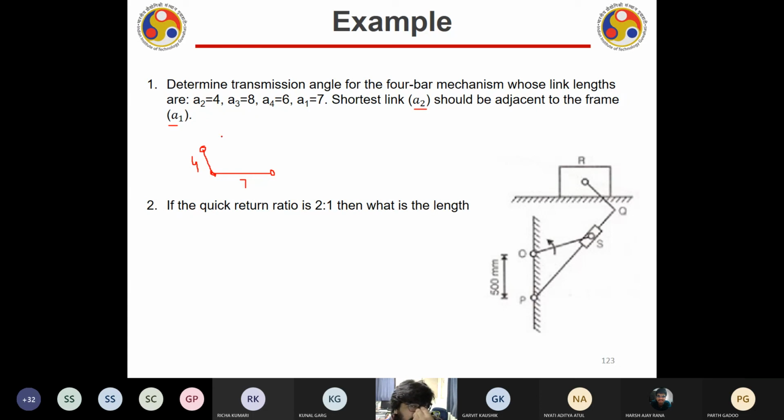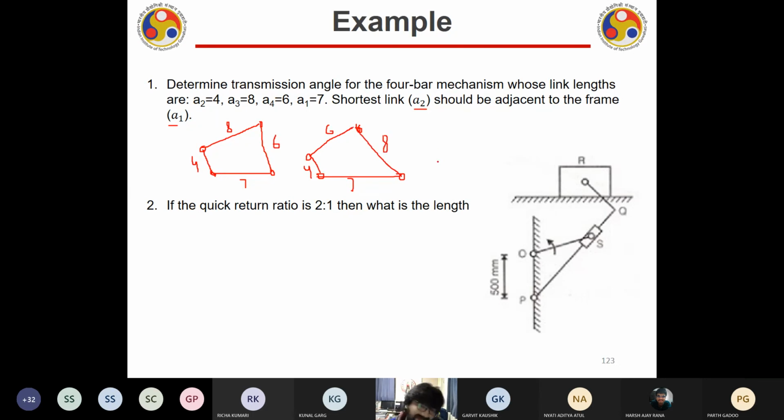There are two possibilities. I connect it like this, I mean to say this is 6, this is 8, right? Or I connect it in another way, because I have not mentioned anything. That is why I'm saying. Or did I mention? This is 6 and this is 8. Correct?